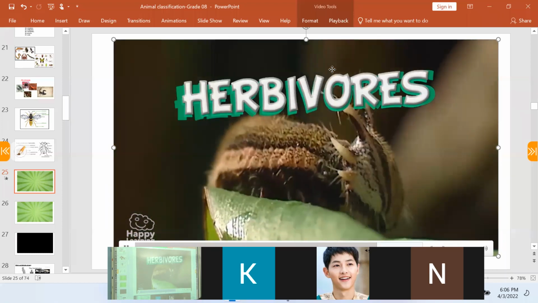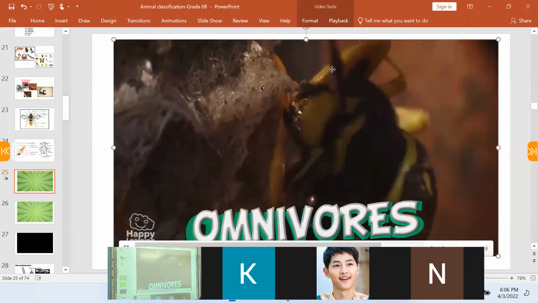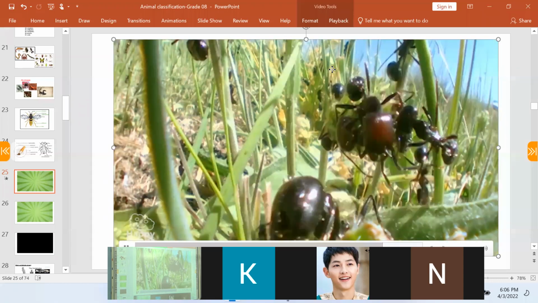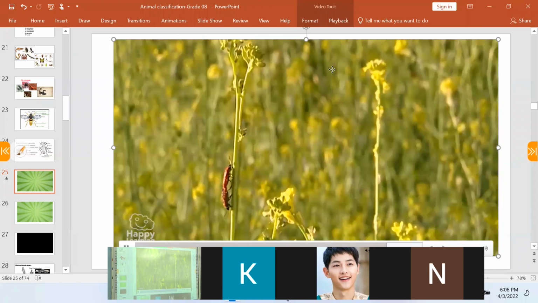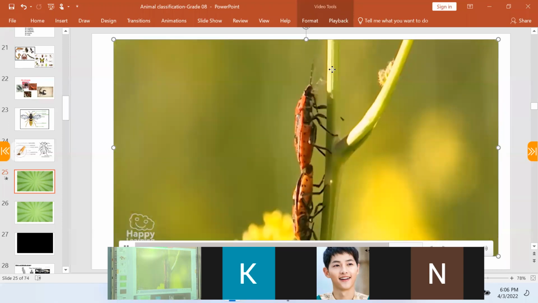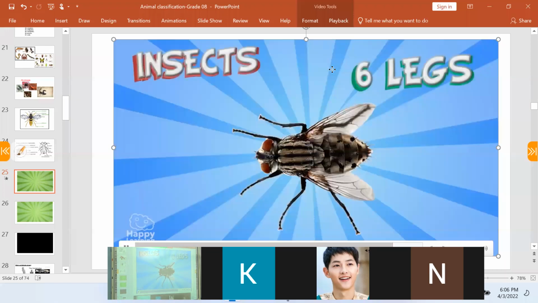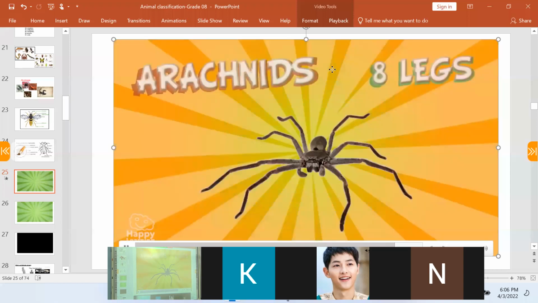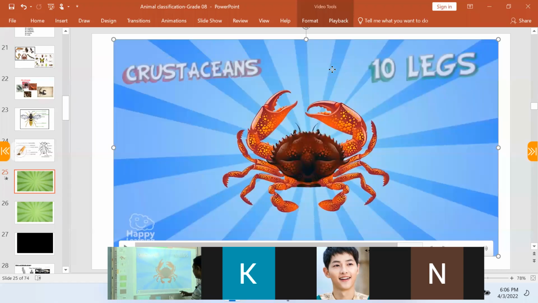And they can be either herbivores, carnivores, or omnivores. Lastly, and very importantly, you must remember that the arthropods are classified in 4 groups depending on the amount of legs they have. Insects, 6 legs. Arachnids, 8 legs. Crustaceans. Arachnids means spiders.